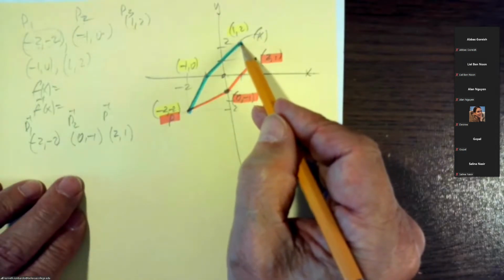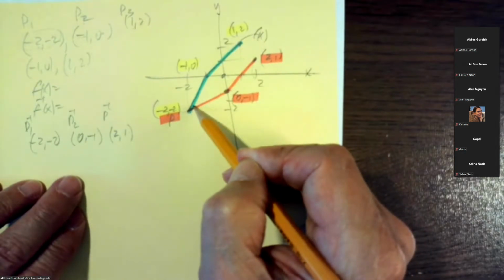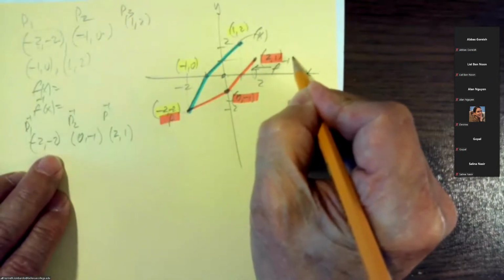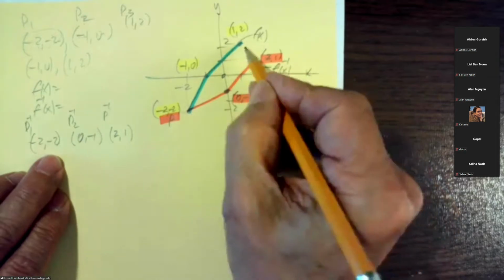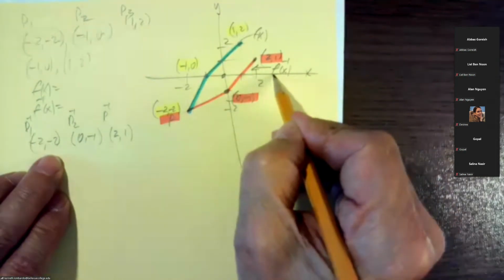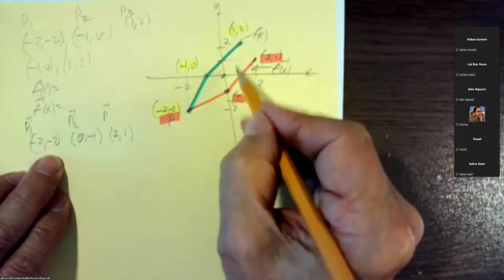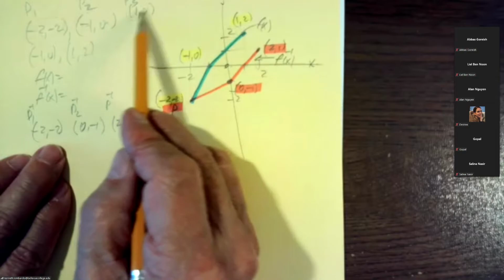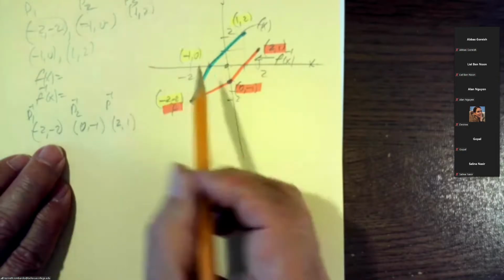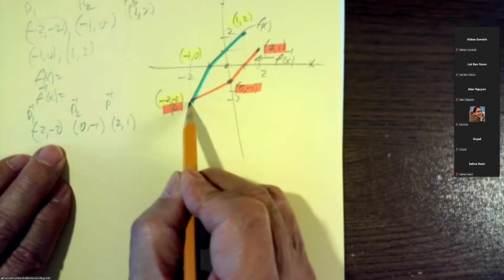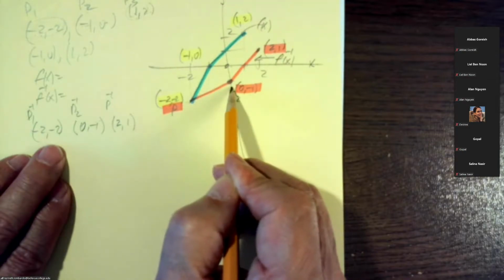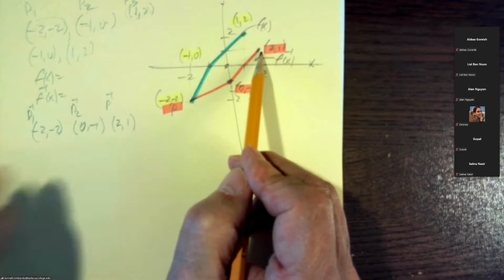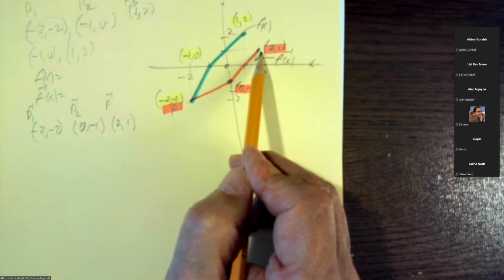This is f of x. Here's the inverse of f of x, okay? And we got that by simply swapping the values of the coordinate points. When we swap this point, we get the same point, but here we got a different value, and here we got a different value. Okay, questions on that?